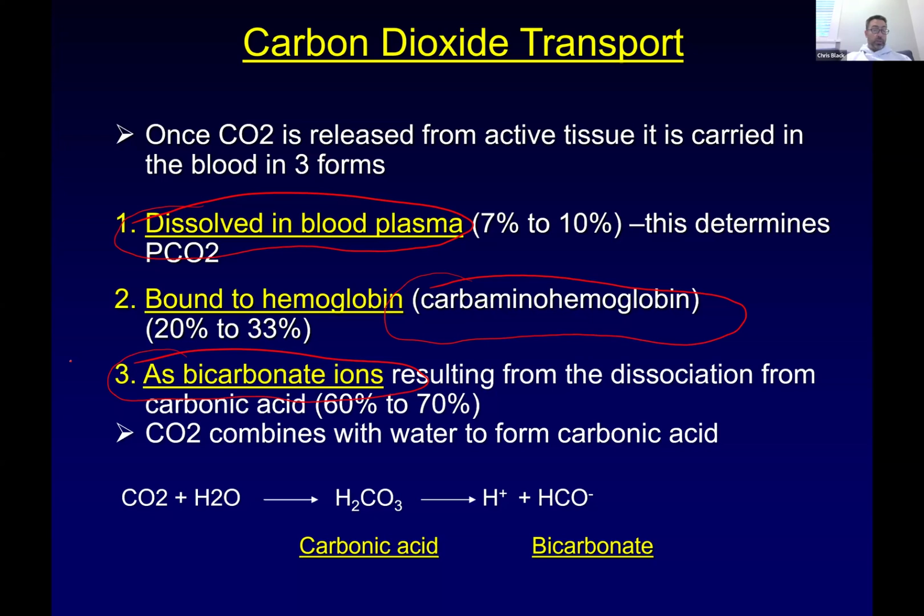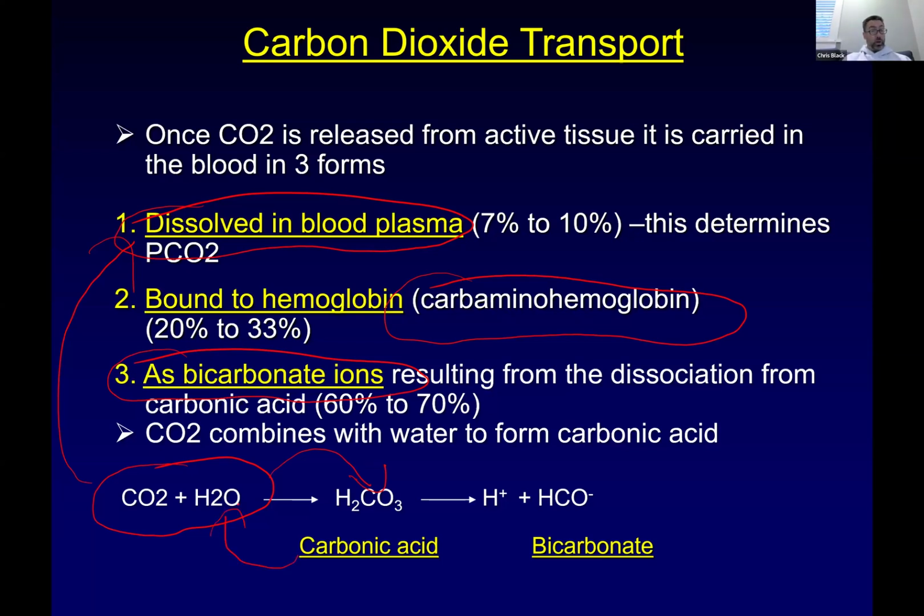And we end up with bicarbonate through a chemical process where, when you bring CO2 into the blood, it is dissolved, as we said up here. It dissolves into the plasma, which is mostly water. When you put CO2 and water together, you get carbonic acid. You then have carbonic acid in water in your blood.